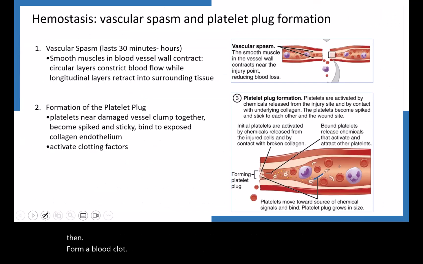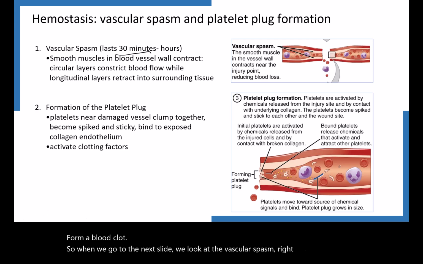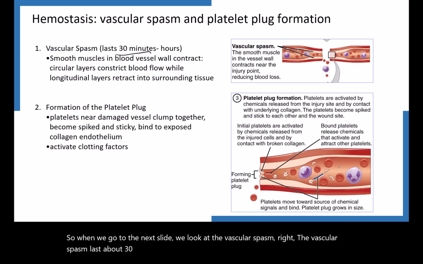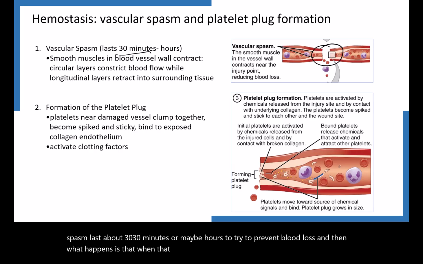When we go to the next slide, we look at the vascular spasm. It lasts about 30 minutes or maybe hours to try to prevent blood loss. The injured cell wall then attracts platelets that are going past to form a platelet plug.